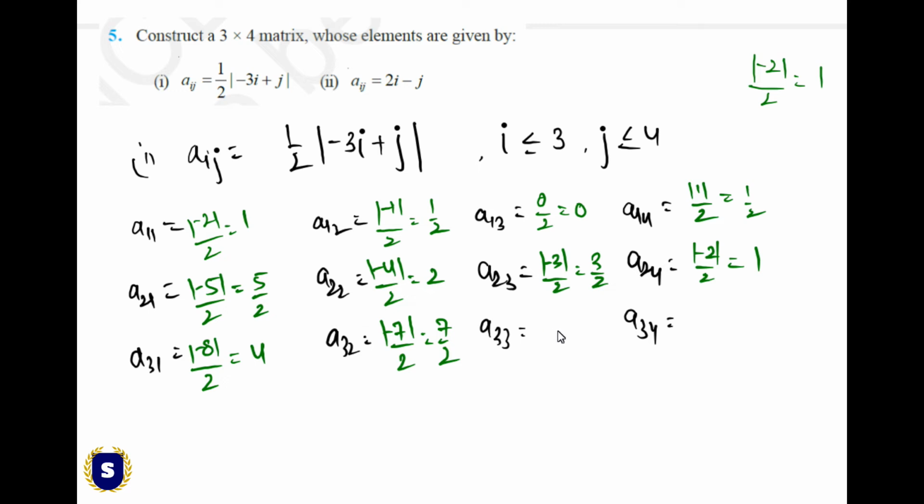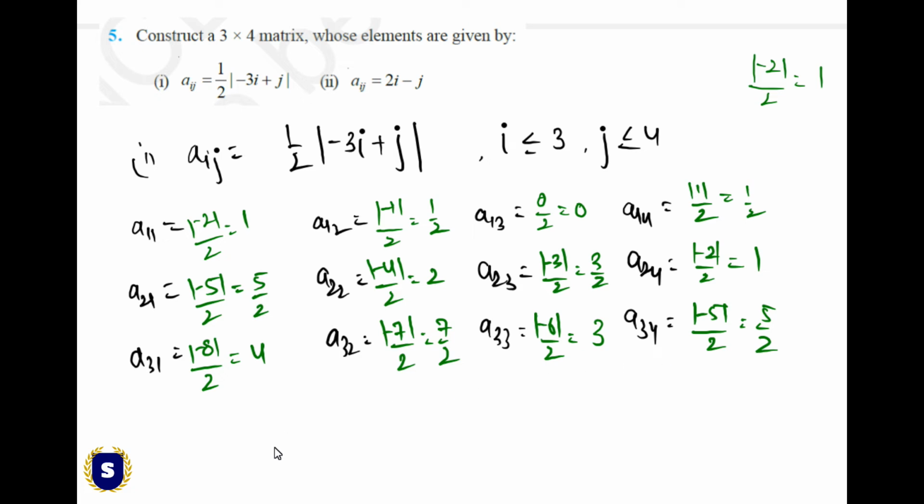Then minus 9 plus 3, minus 6 modulus upon 2, that is 3. Then minus 5 modulus upon 2, 5 upon 2.